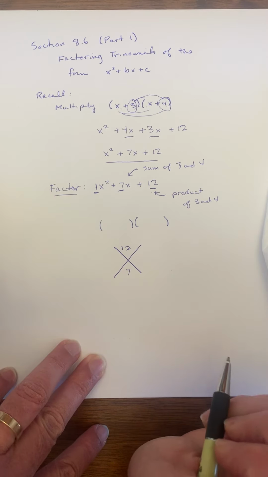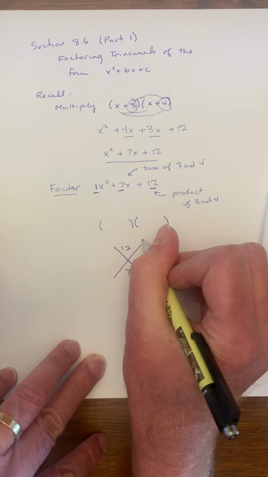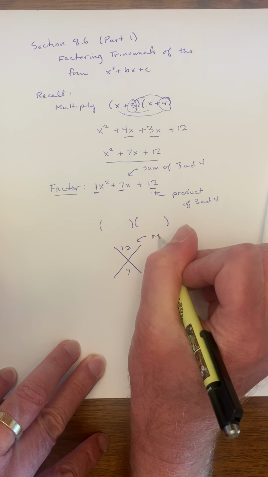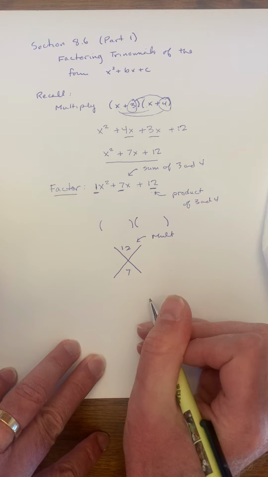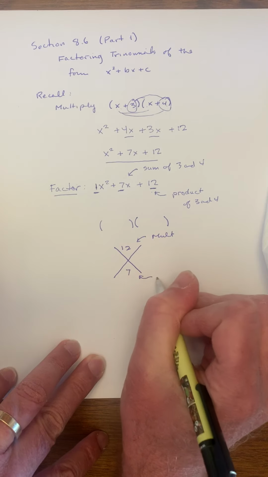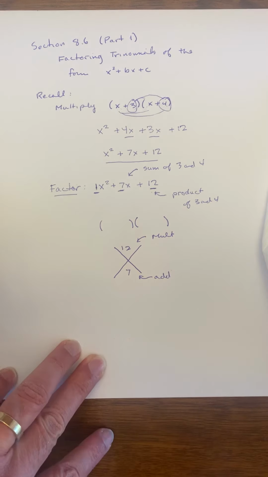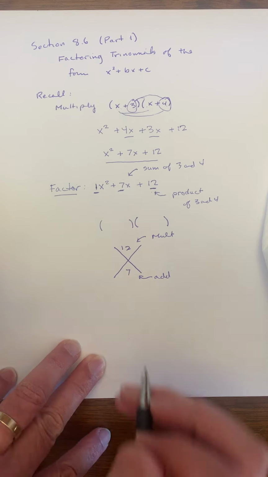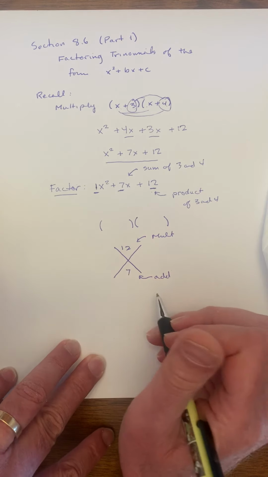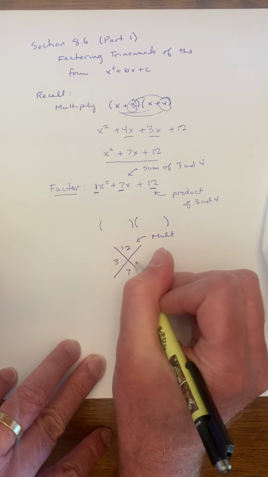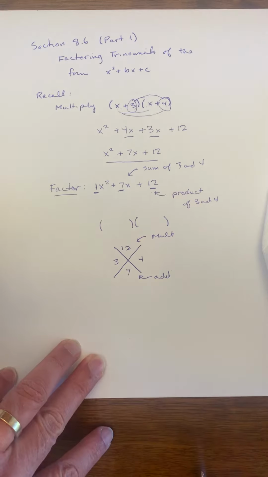My goal here is to figure out what two numbers multiply to make 12 and add to make 7. What two numbers multiply to make 12 and add to make 7? Well, those numbers are obviously 3 and 4.